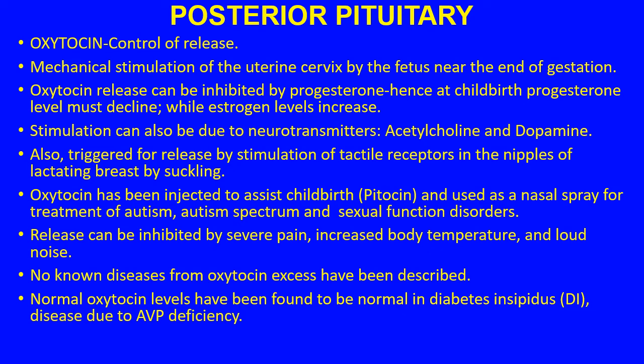There are several other stimuli that can inhibit release of oxytocin: severe pain, increased body temperature, and loud noise. It's interesting to note that there are no known diseases from oxytocin excess that have ever been identified. Normal oxytocin levels have been found to be normal in even cases of diabetes insipidus.